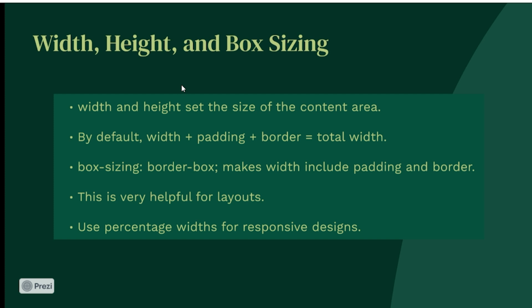Inside the div, you can set the width to 300 pixel and the height to 150 pixel. The height will be 150 and the width will be 300 pixel. This is a fixed box size.